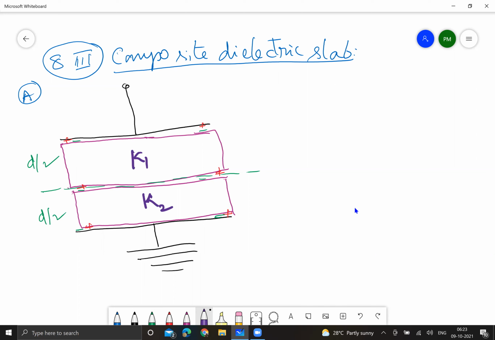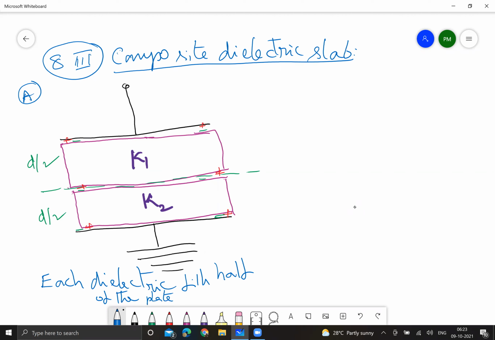The condition is each dielectric fills half of the plate separation. That is a condition.